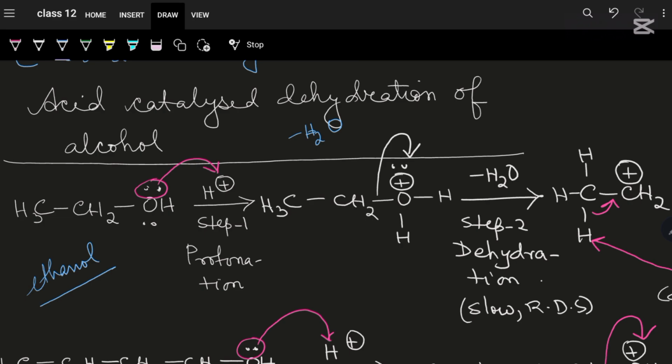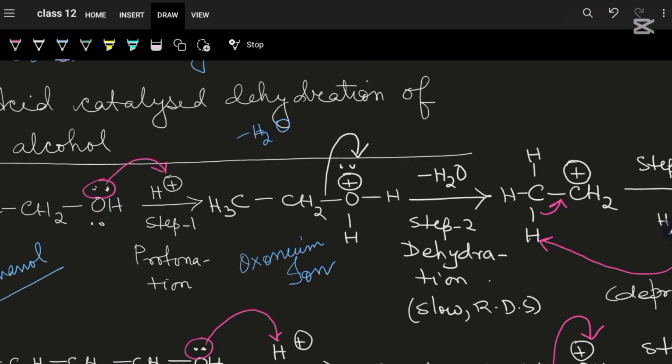So step 1 is protonation to form protonated alcohol, which is known as oxonium ion. So this oxonium ion has, you should see that there were 2 lone pairs on oxygen. It uses 1 lone pair to hold H+, left over is another lone pair. So this is oxonium ion.